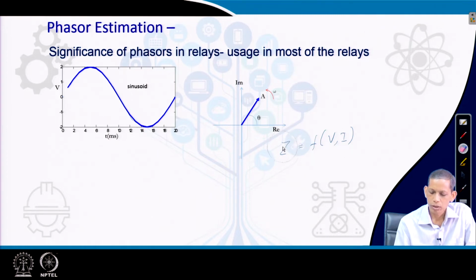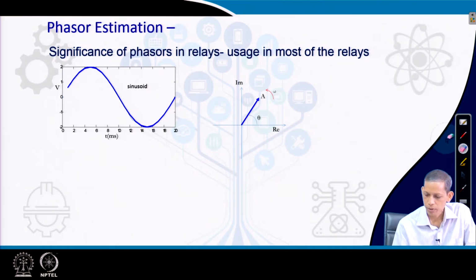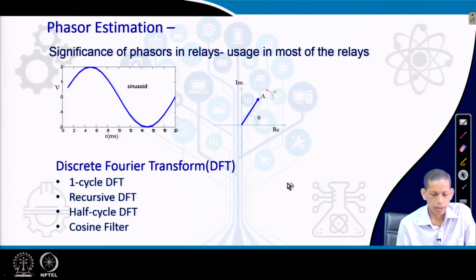So, we see that most of the available numerical relays use phasors for the decision making process. From this perspective there are different phasor estimation algorithms available, and as I mentioned, we will start with the very commonly applied technique, the one cycle DFT.